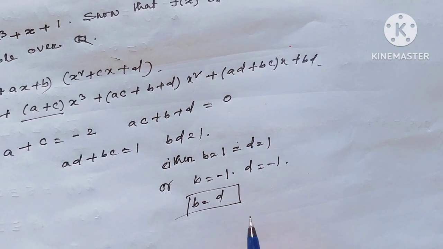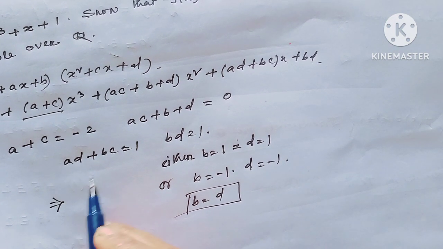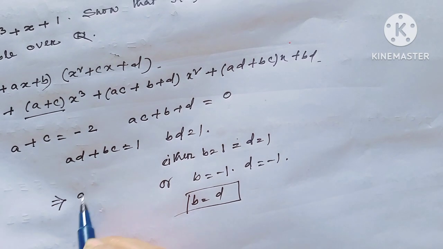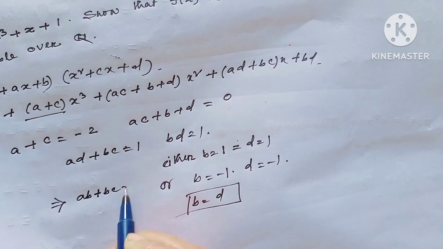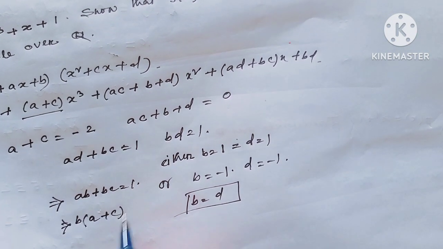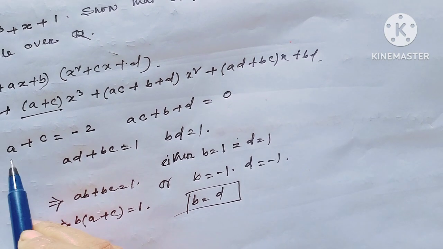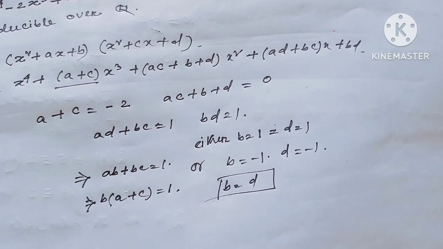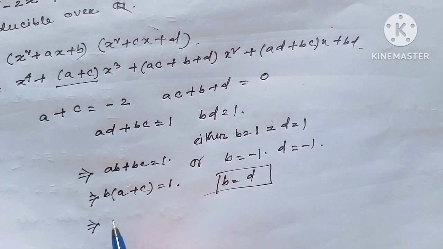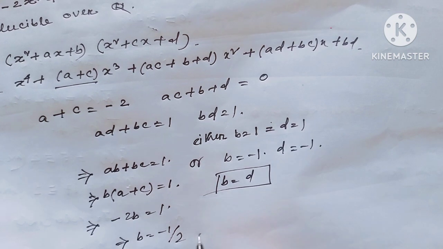If b equal to d, then ad plus bc equal to 1 implies ab plus bc equal to 1, then taking b common, b times (a plus c) equal to 1. But since I have got a plus c equal to minus 2, just put the value, then I will get minus 2b equal to 1, that implies b equal to minus half.